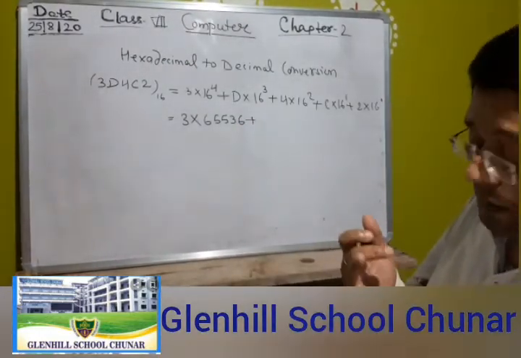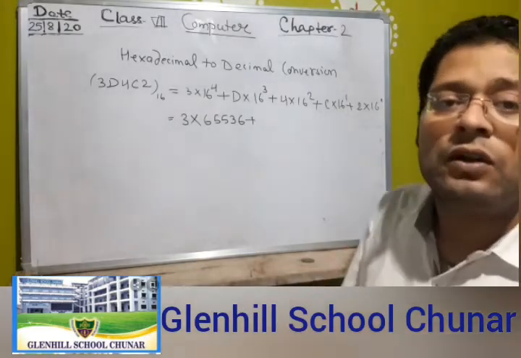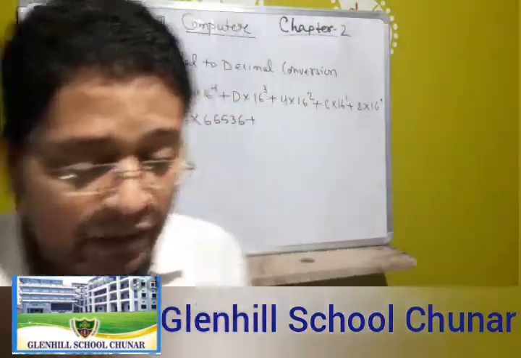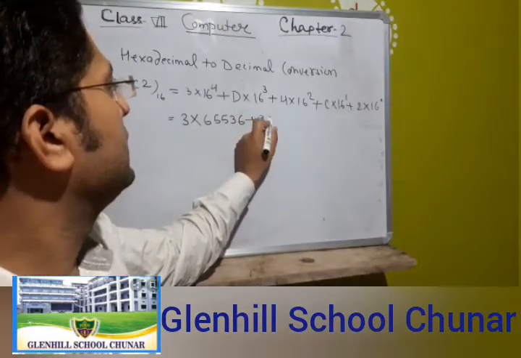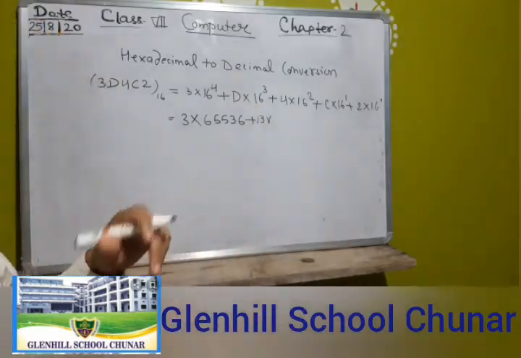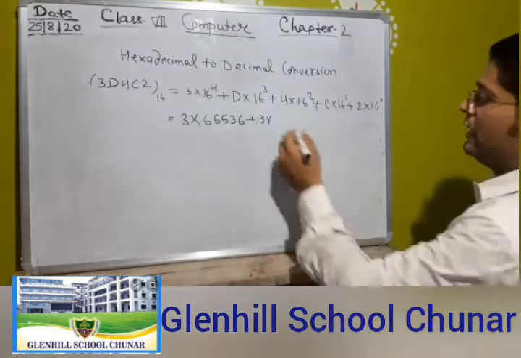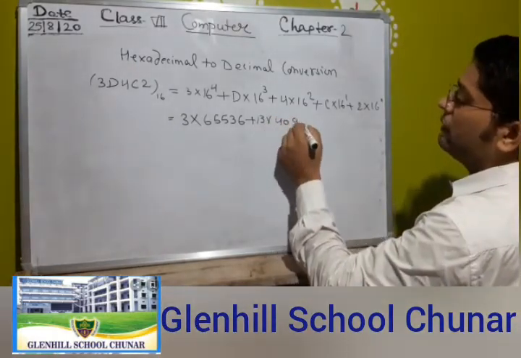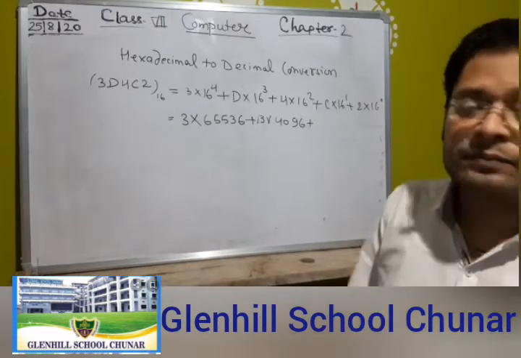A is 10, B 11, C 12 and D 13. So write here the value of D, 13. Okay student. And 16 power 3, that means 4096.